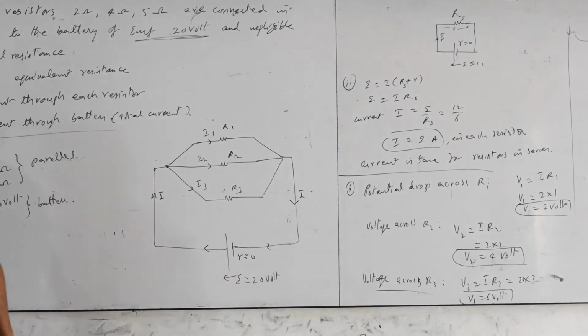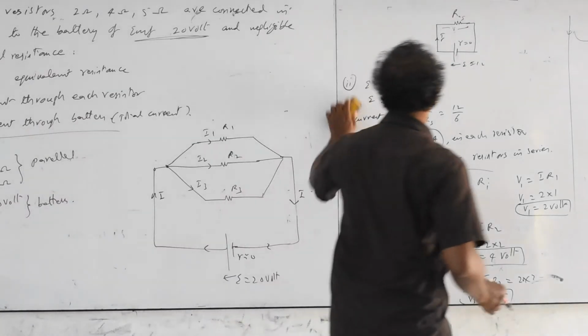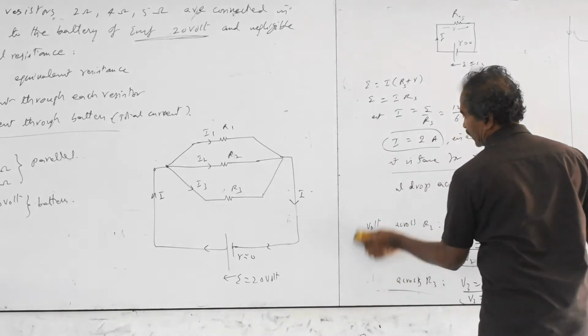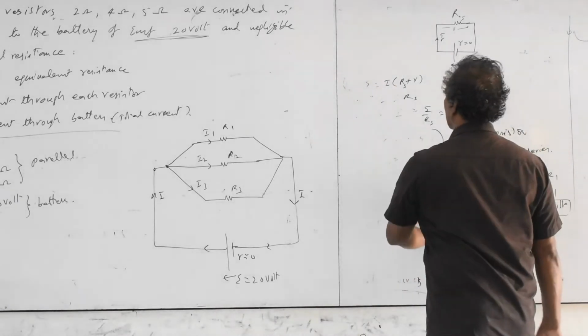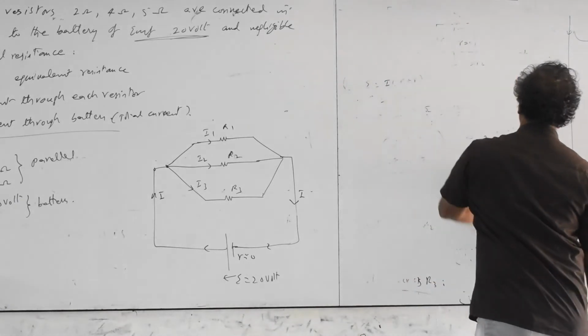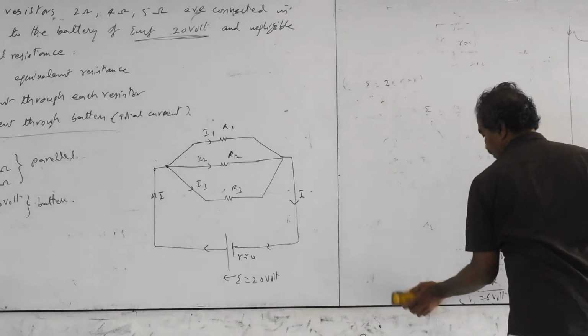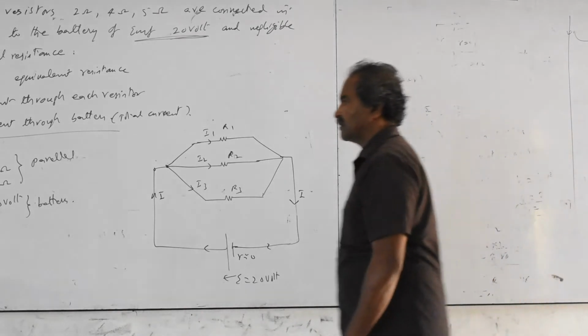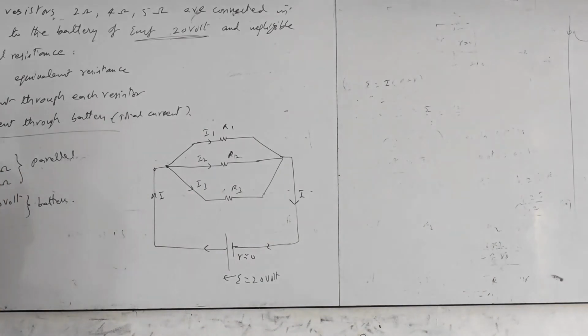For the parallel combination, 1 by R parallel is equal to 1 by R1 plus 1 by R2 plus 1 by R3. If only 2 resistors are there, you can directly take R1 R2 by R1 plus R2. But when 3 or more are there, you take the basic equation of parallel resistance.